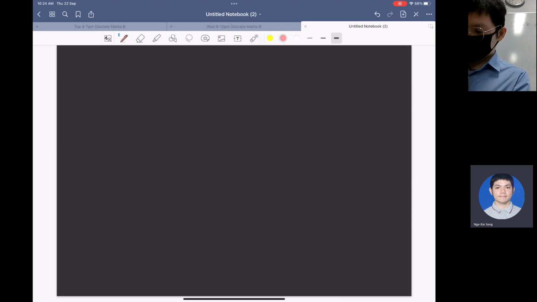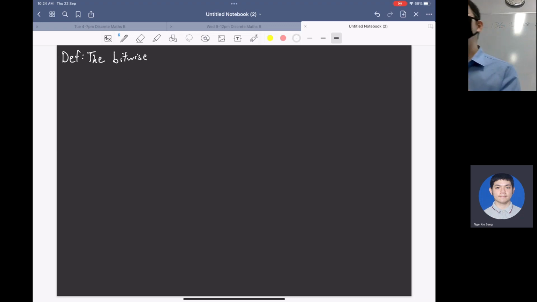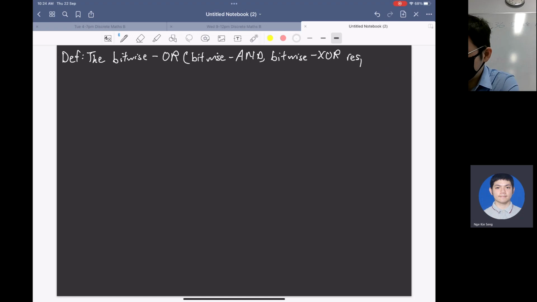Okay, next. So we define the bitwise OR. Let's do some calculation now. Now we do some simple calculation. We define bitwise OR, AND and XOR.